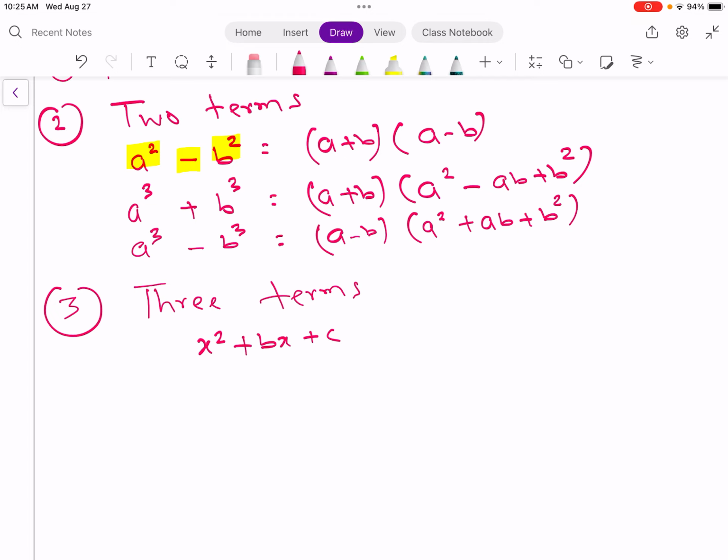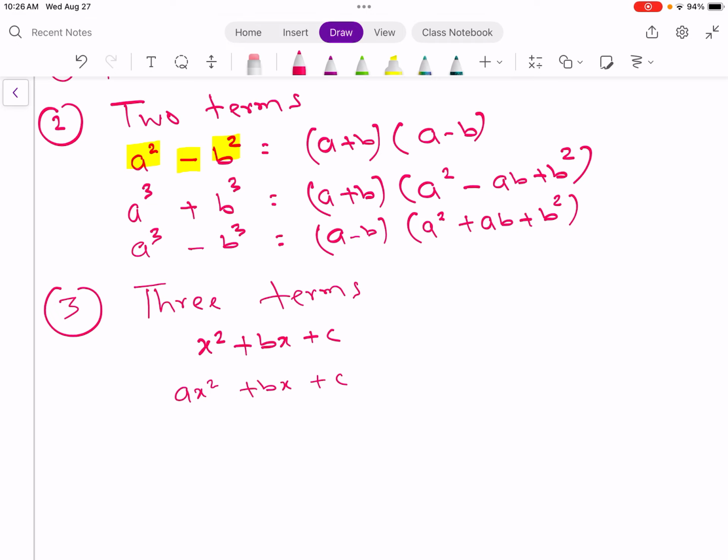Have you seen this type of polynomial? This is a trinomial, right? We have 3 terms. Have you also seen ax square plus bx plus c, this kind of trinomial?